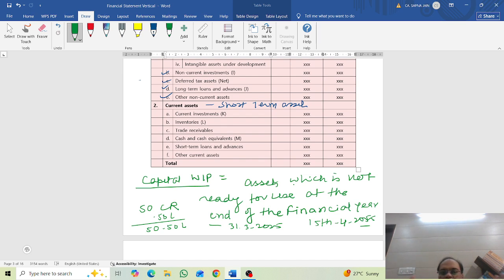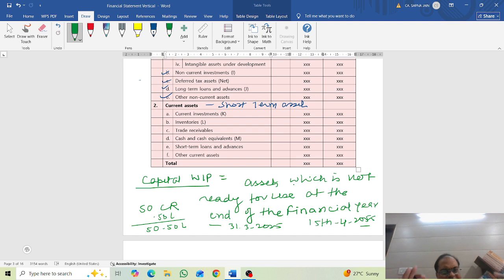अगर बेटा आपसे कोई भी बोले कि building under construction, this is definitely capital WIP. But capital WIP is not only for the building. The capital WIP is relevant for all types of assets. If someone tells you that building under construction is capital WIP, this is not the exact definition of capital WIP.